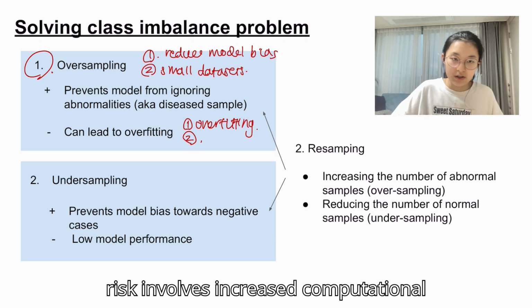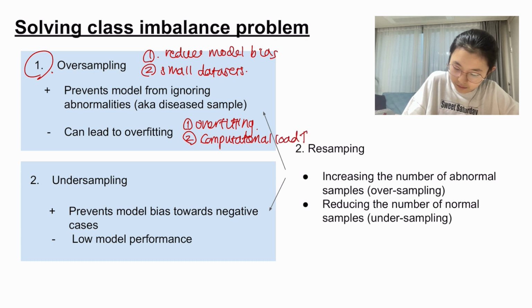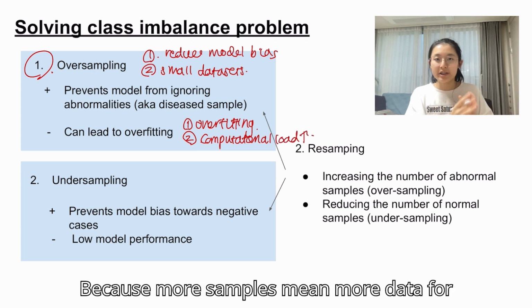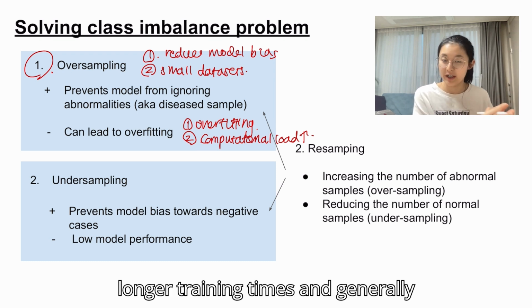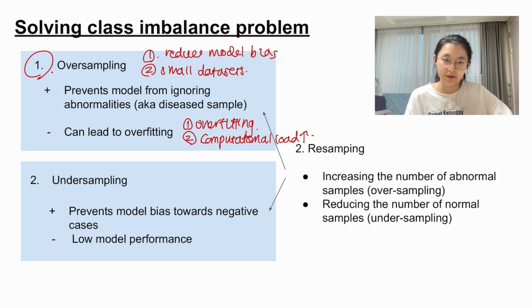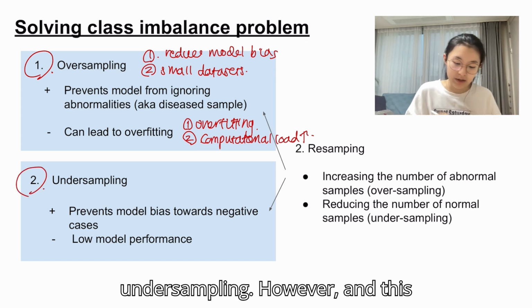Another risk involves increased computational load. Because more samples mean more data for the model to process, this can lead to longer training times and increased memory requirements. Conversely, we can use the technique of undersampling.